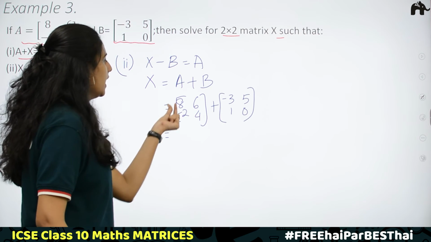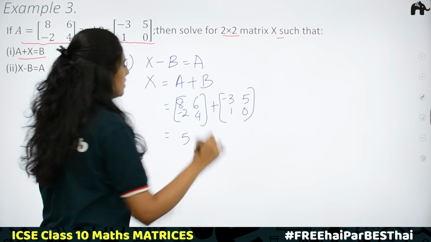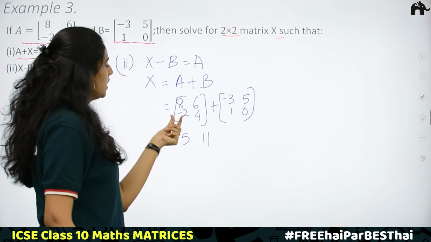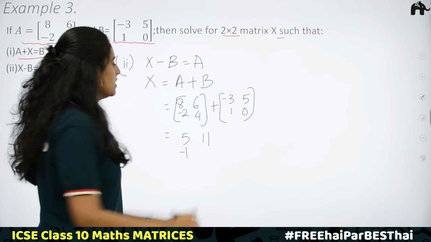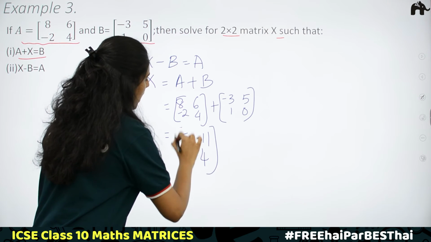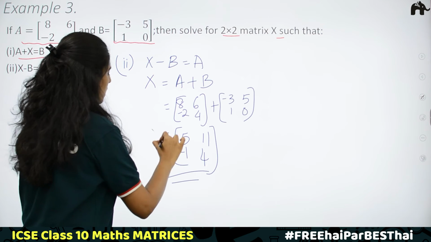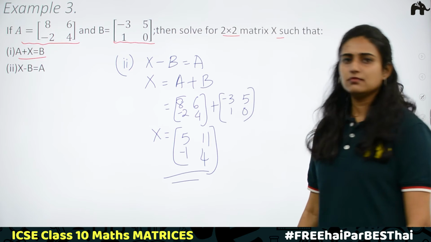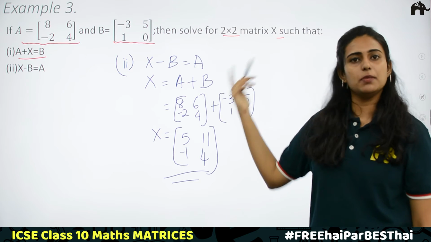Adding them: 8 minus 3, 5. 6 plus 5, 11. Minus 2 plus 1, minus 1. 4 plus 0, 4. 5 minus 1, 4. These are the elements of x. We got x. Clear? Simple, right? We have to take this minus b to the opposite side, it becomes plus b.